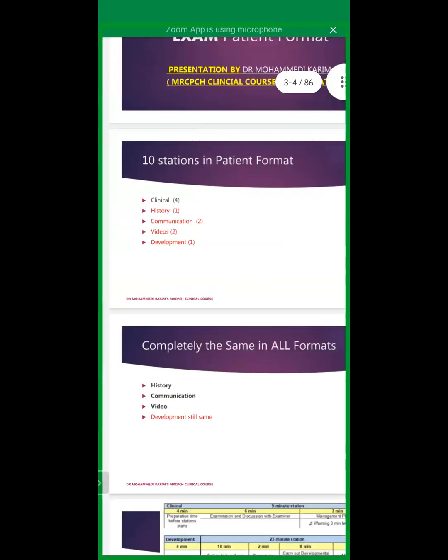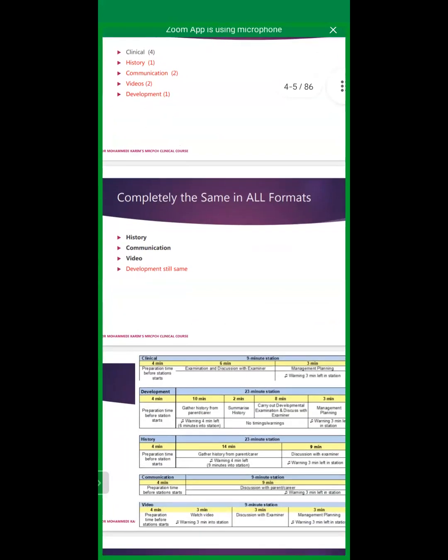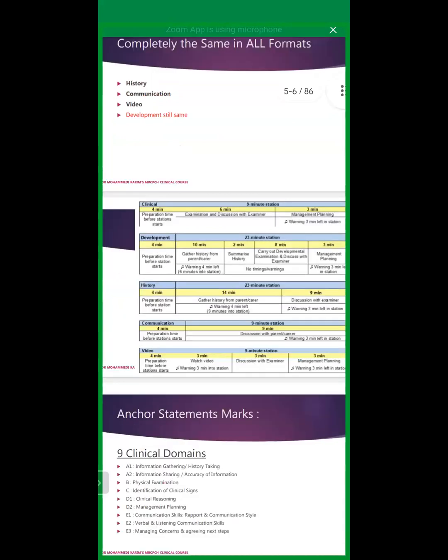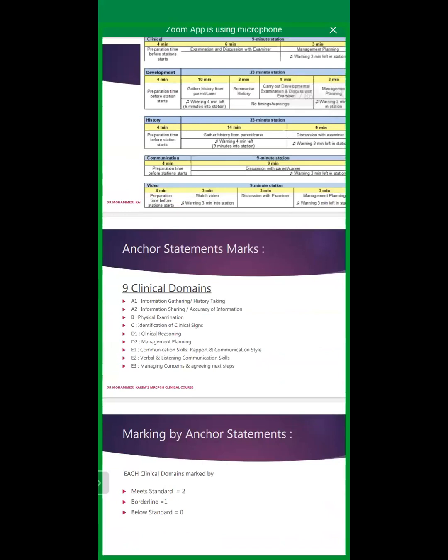So basically now the clinicals have changed from previous year. Otherwise, development is still the same. History, communication, video are all the same, whether with the patient or without the patient. So currently, these are the 9 clinical domains. How they give you the marks in these 10 stations is based on this.